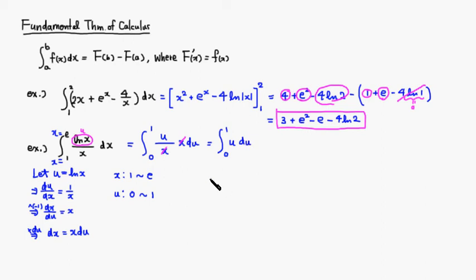Then we can take the antiderivative. The antiderivative of u is u squared over 2, going from 0 to 1. Plugging in 1, 1 squared over 2 is 1/2, minus plugging in 0, which is 0. So the answer is positive 1/2.